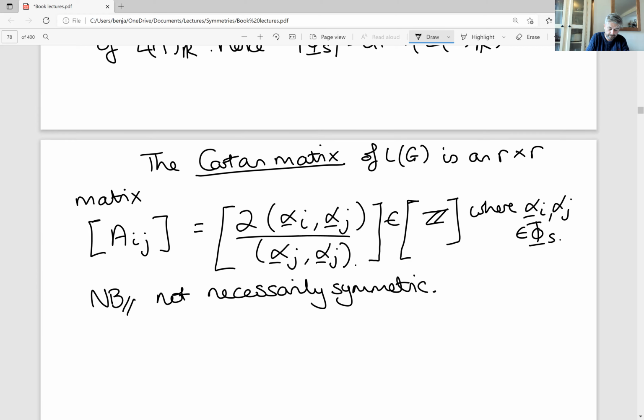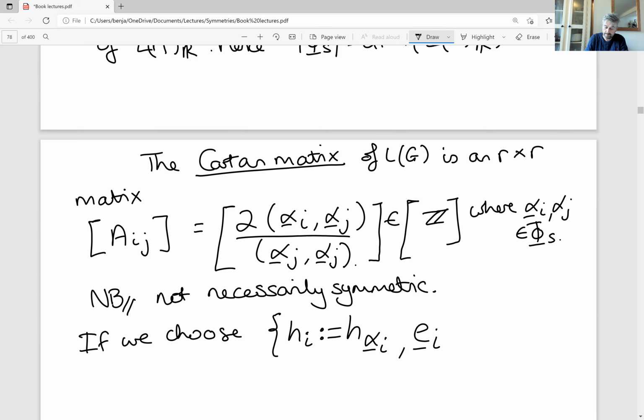So now I'm going to define little h_i to be h corresponding to the ith simple root, and e_i plus or minus is going to be defined to be what we called before e with plus or minus alpha_i, where alpha_i is a simple root.